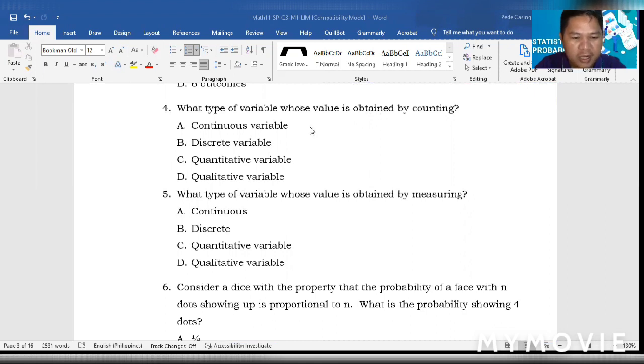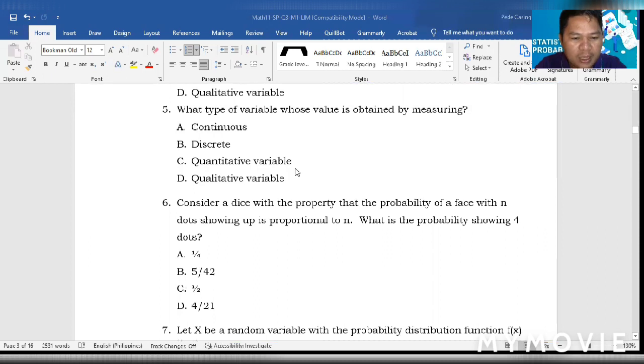A, continuous variable. B, discrete variable. C, quantitative variable. Or D, qualitative variable. Number 5. What type of variable whose value is obtained by measuring? A, continuous. B, discrete. C, quantitative variable. D, qualitative variable.